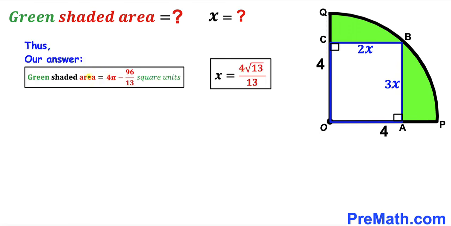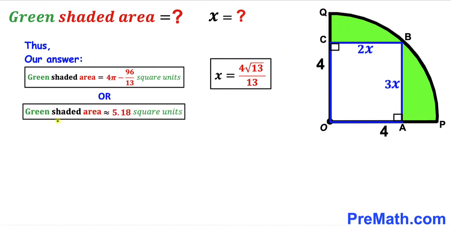Thus the green shaded region area turns out to be 4 pi minus 96 divided by 13 square units, after we have calculated the x value as 4 times square root of 13 divided by 13. This green shaded region area is approximately equal to 5.18 square units as well. And that's our final answer.